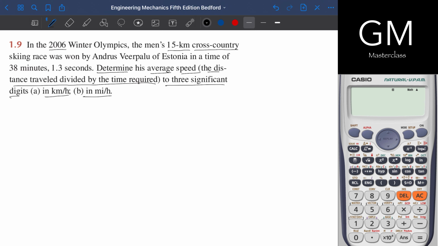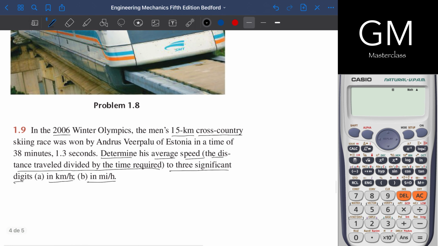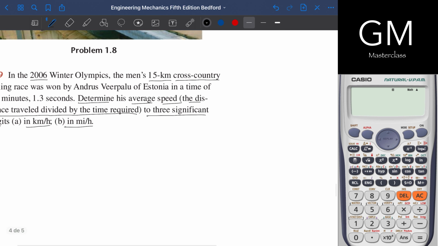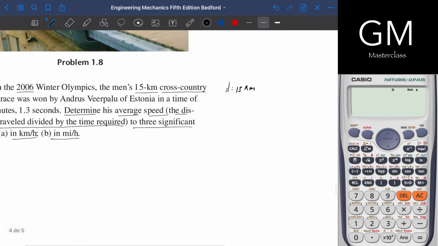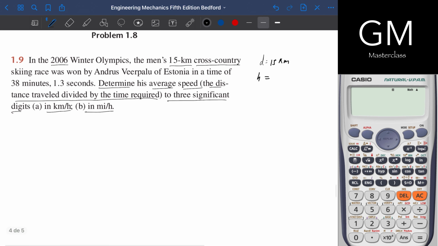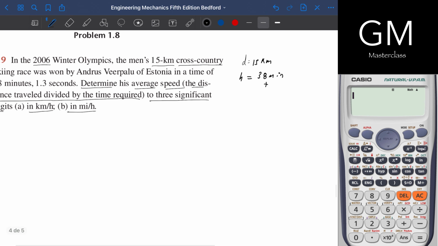So I'm going to write down the distance, which is d equal to 15 kilometers, and the time, which I'm going to call h, for example, in just a letter, 38 minutes plus 1.3 seconds.